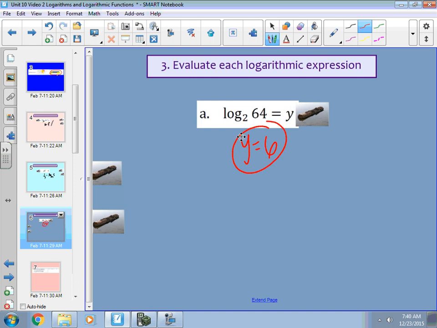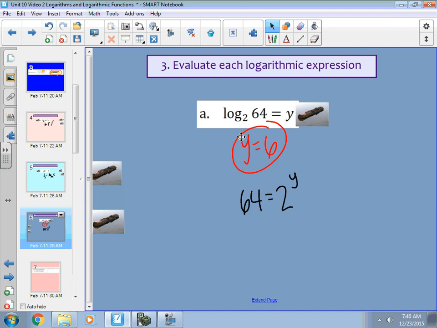Another way that you can do it if you aren't able to use your calculator is do what we did before. Change it to exponential form. So if we wrote this problem in exponential form, it would be that 64 equals 2 to the y power. So now what you would have to figure out, okay, is 2 to what power is going to be 64?